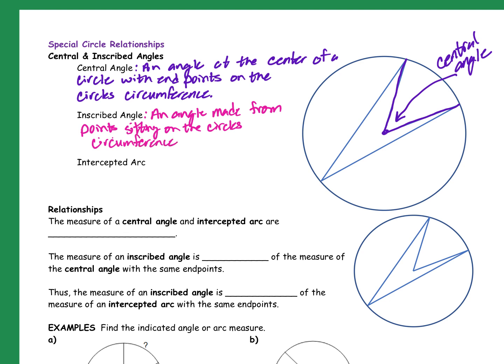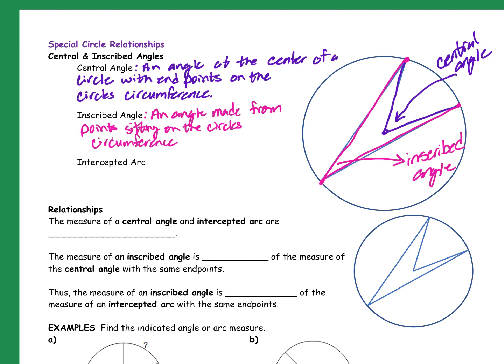If I look at my picture, this is a point on the circumference, a point on the circumference, a point on the circumference. So for an inscribed angle, all the points of my angle touch the edge of the circle. For a central angle, the vertex is the center of my circle. Inscribed angle, all of it, so this is my inscribed angle.